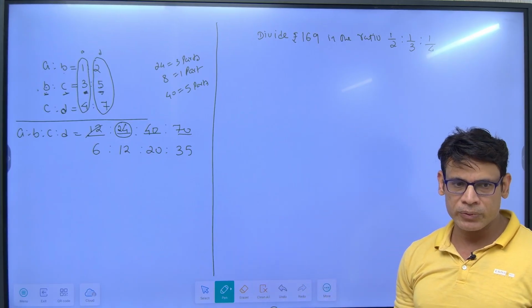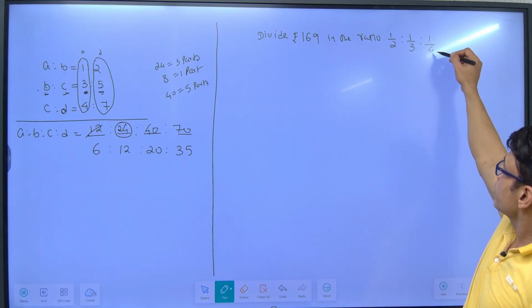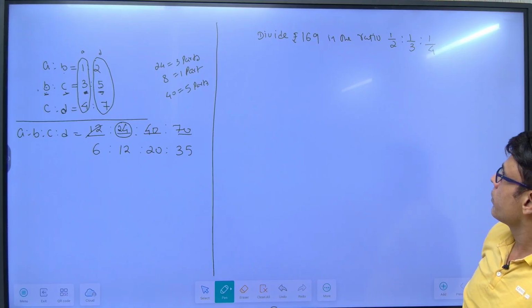So what you are supposed to do, you are supposed to divide how much rupees? 169 rupees. In what ratio? 1 by 2 is to 1 by 3 is to 1 by 4.